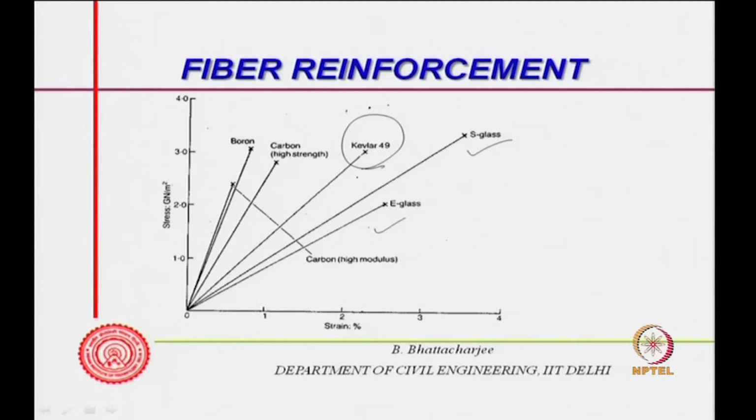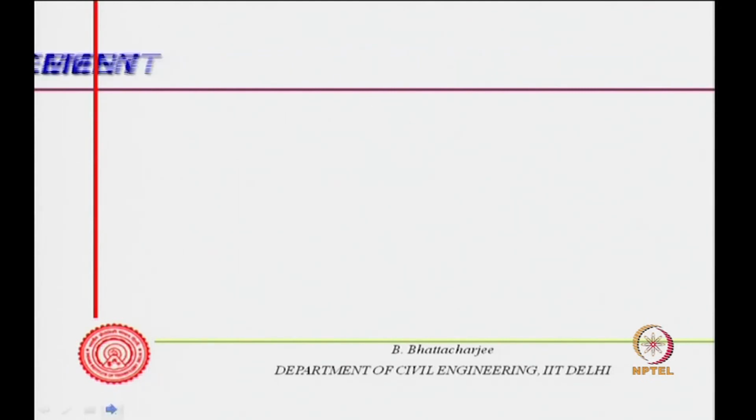This is Kevlar 49, a branded product, aramid actually. Then carbon high strength, boron, carbon high modulus, lower strength. There can be varieties of fiber possible to be used in concrete reinforcement, other than of course steel, polypropylene, polyester.